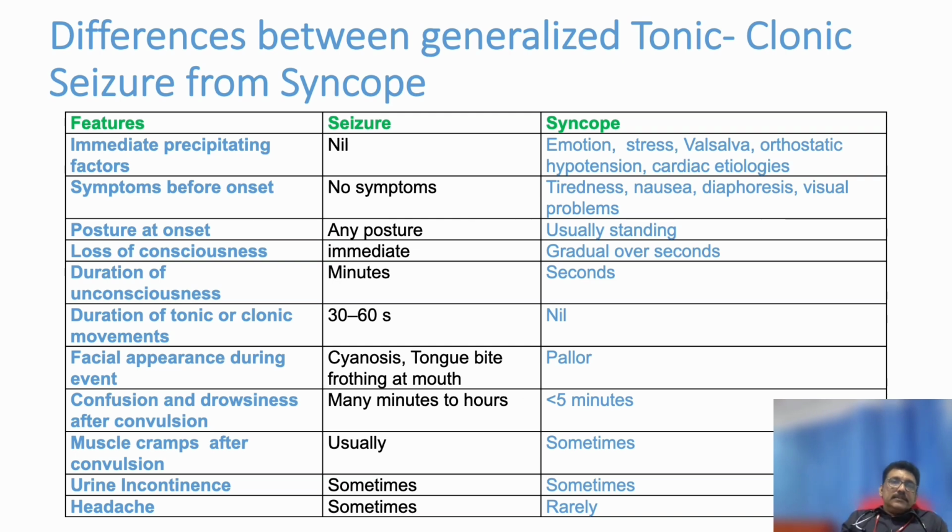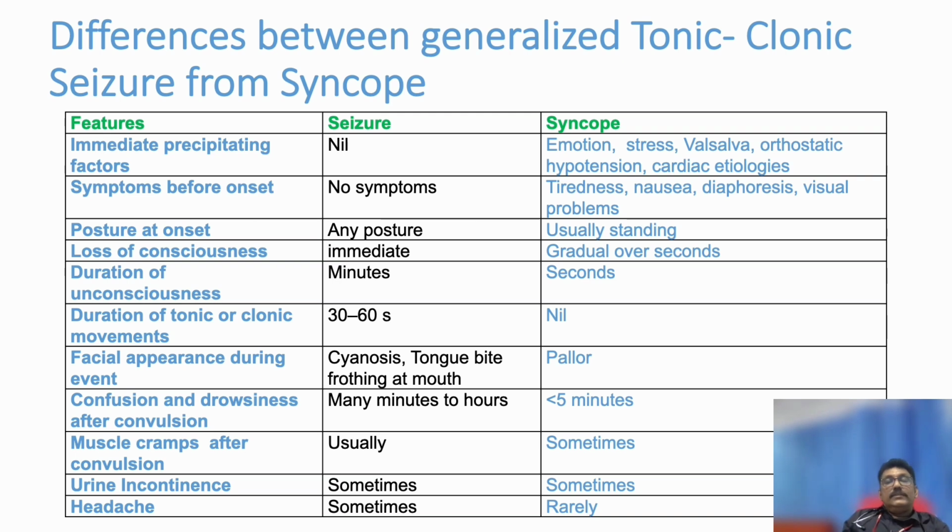After losing consciousness, in both seizure and syncope, they may not know anything about that. But after regaining consciousness, in seizure the patient will have post-ictal confusion. That is very important. Whereas in syncope, they may not have any post-ictal confusion. They will be fully conscious. They will understand what has happened because it's only a transient time. Whereas in seizure, they will not be able to judge the time period between the onset of symptoms and regaining of consciousness. They will not have any judgment. So that is very important.